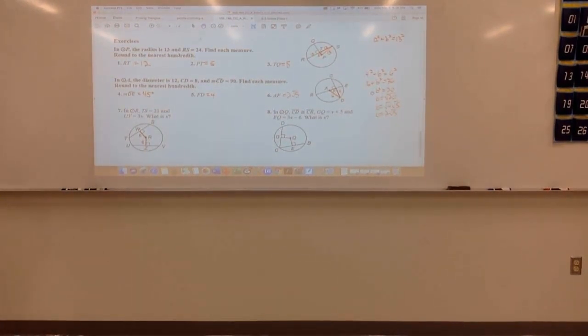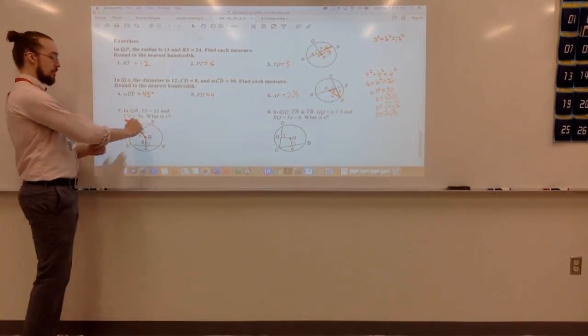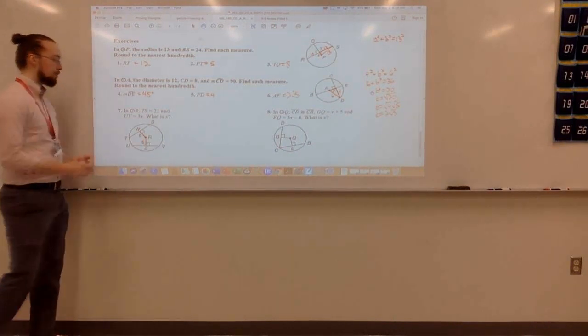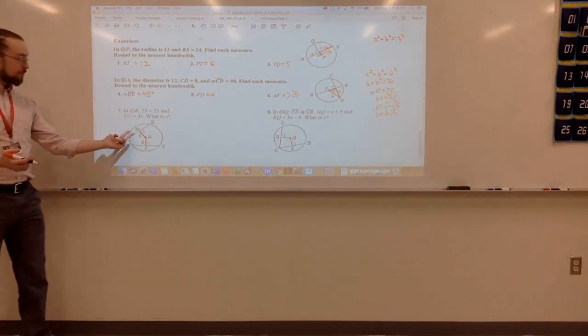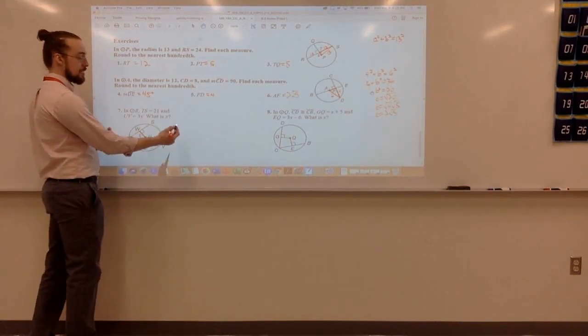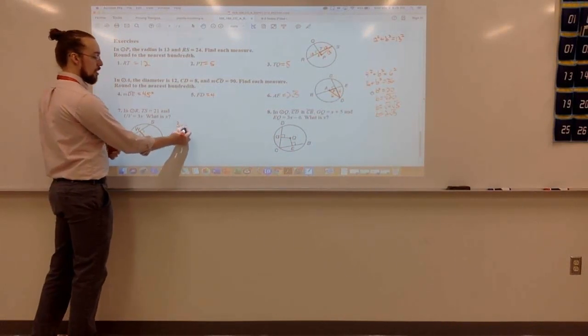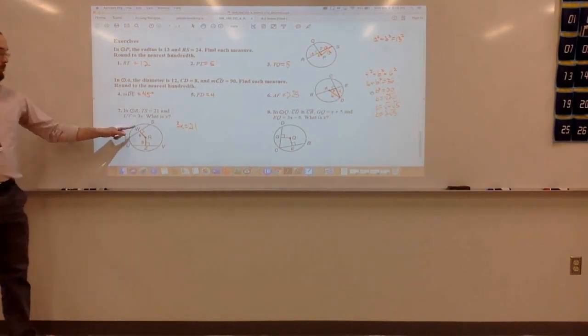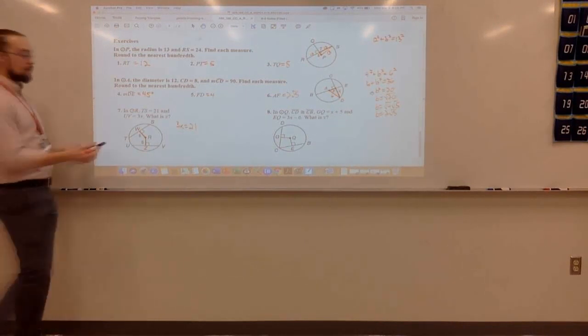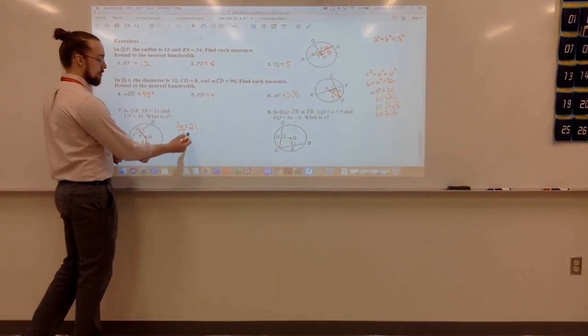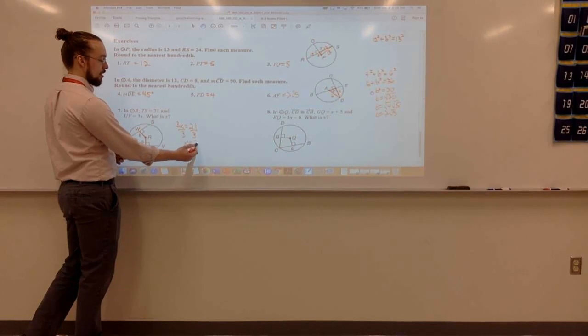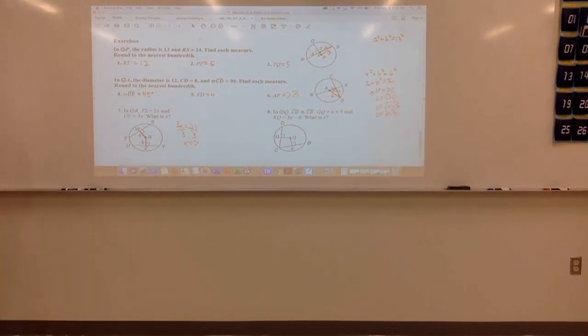That means the chords are congruent. So I'm told that TS has a length of 21, and UV has a length of 3x. So if the distances are congruent, then the chords are congruent. So I can just set those lengths equal to each other. Divide by 3 and get x equals 7.